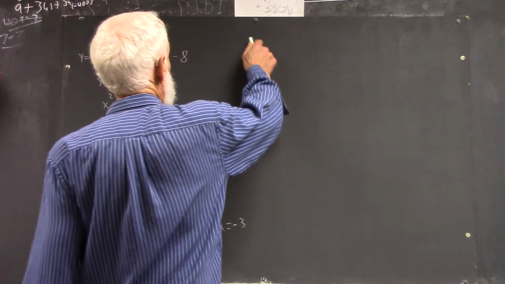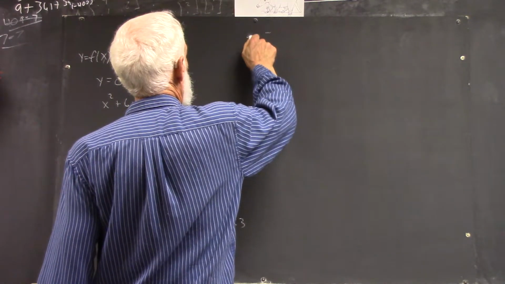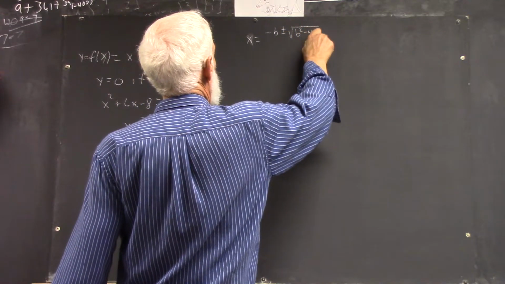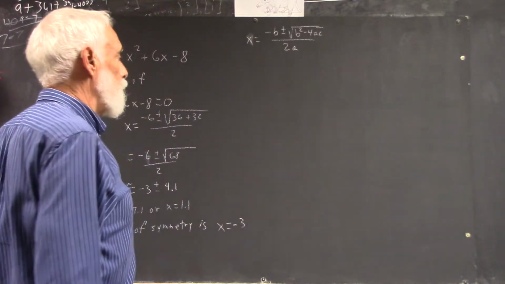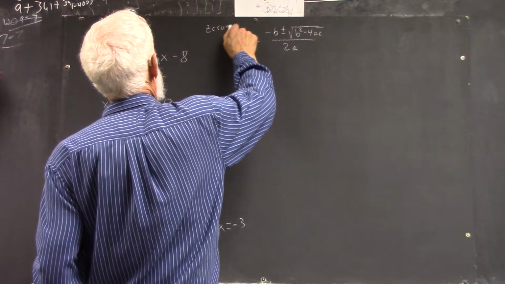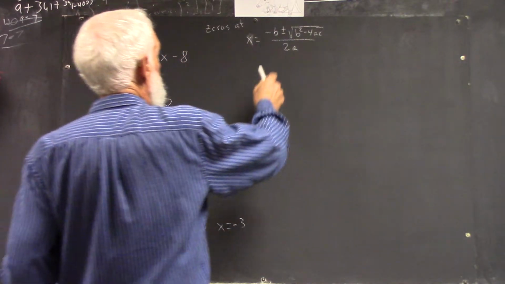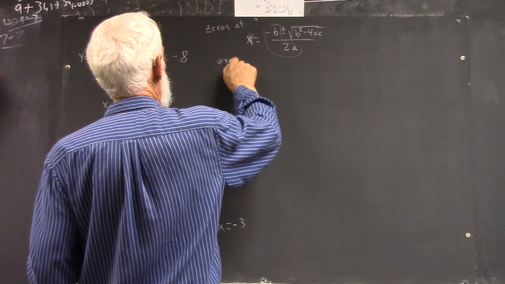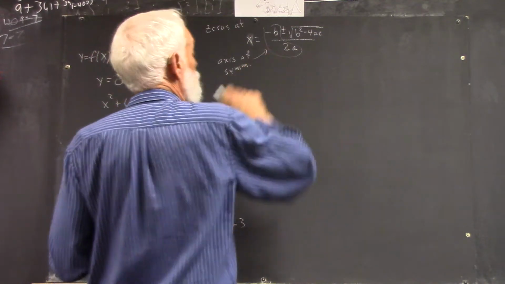So you have the zeros here, and the axis of symmetry is right here.